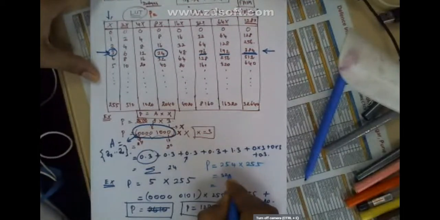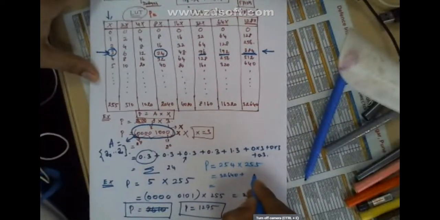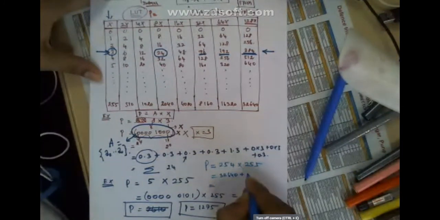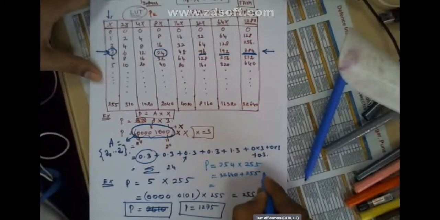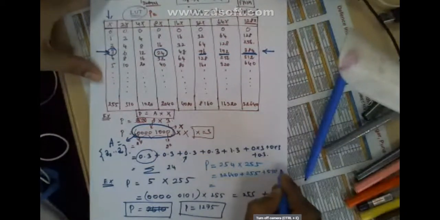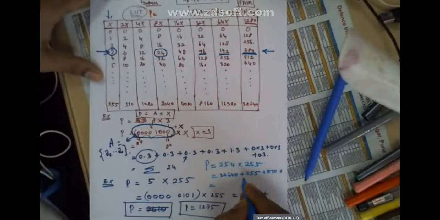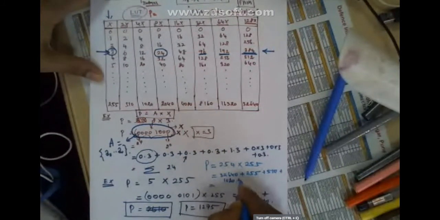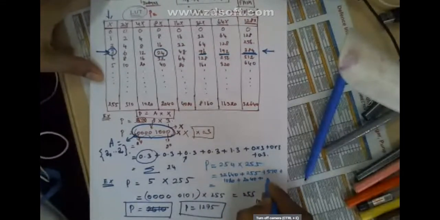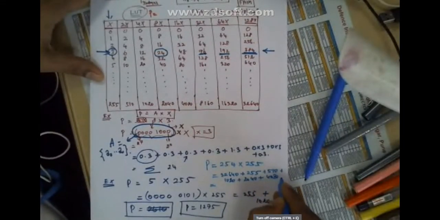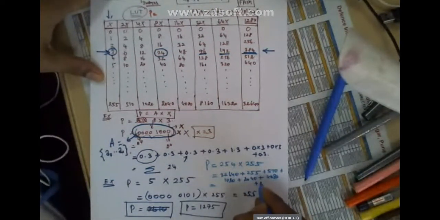One second. 32640 plus 255, plus 510, plus 1020, plus 2040, plus 4080, plus 8160, and 128.